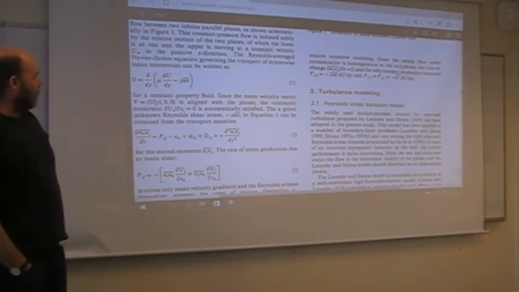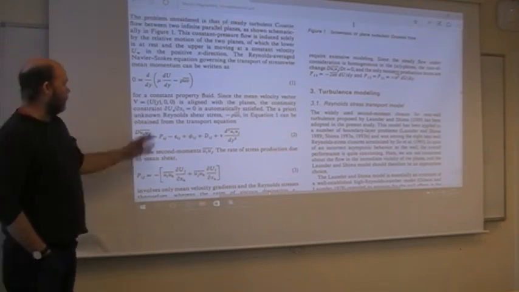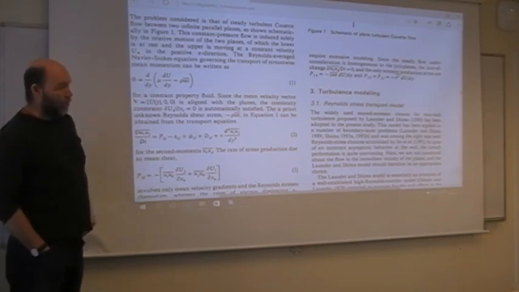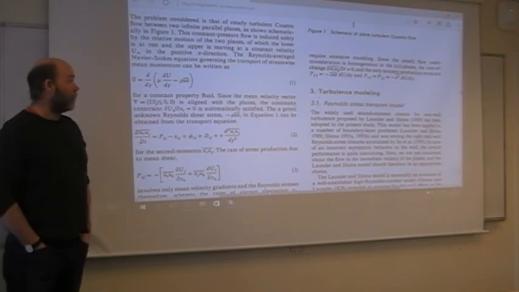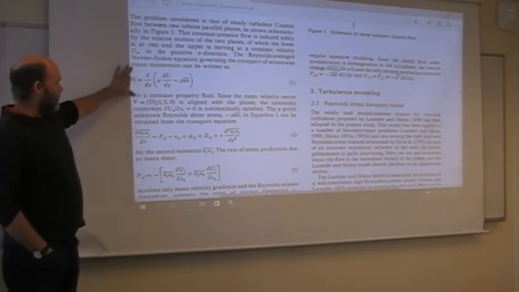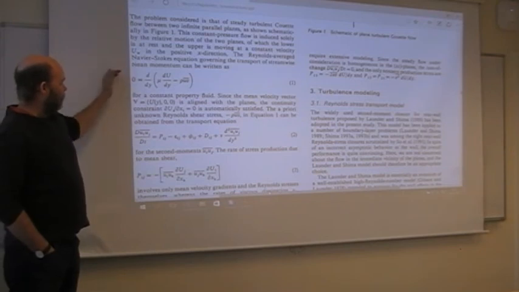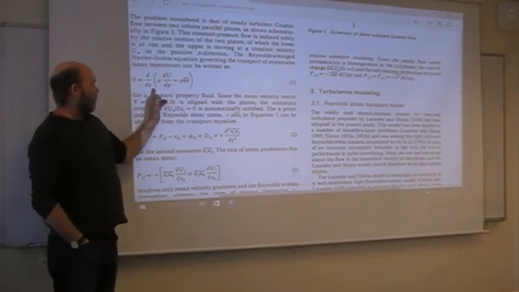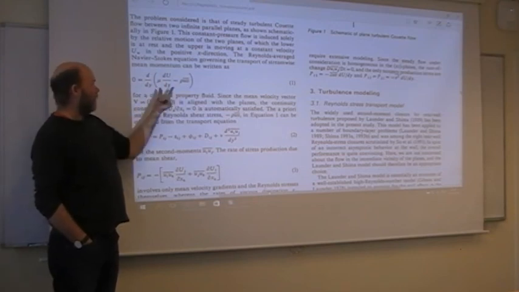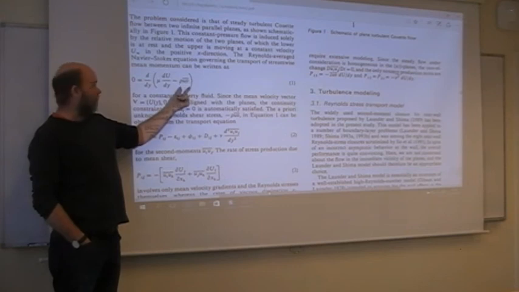When you start looking into your Reynolds equation for this very simple problem, very simple geometry, you can narrow it down to this. So here you will have sort of a total shear stress. Here you have the viscous shear stress, here you have the turbulent shear stress.